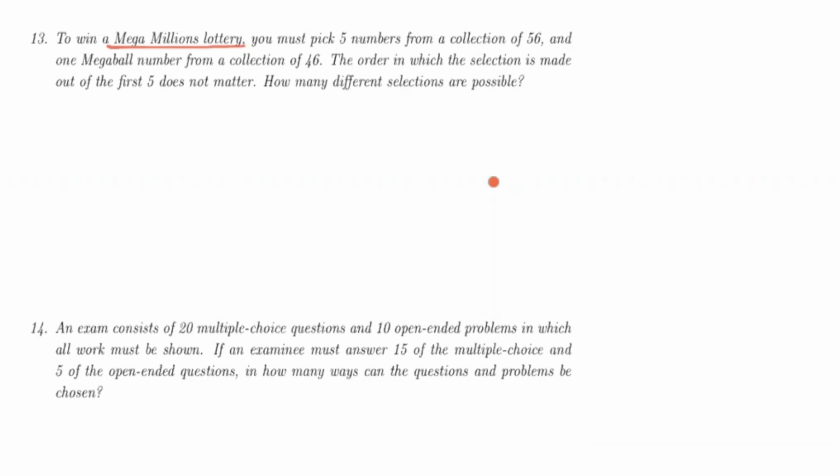Okay, and then it says order does not matter. So order of selection of 5 numbers does not matter. So no repetition. We don't pick the same number twice. And then no order. Okay, so we know it's a combination. That's clear.